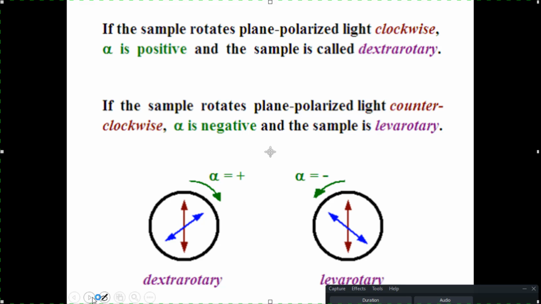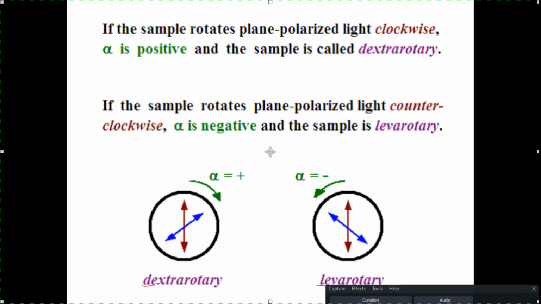You can watch them. So what happened was that when Pasteur did this, he found that one-handed form of the crystals rotated plane polarized light to the right, and one rotated to the left. Those are called dextrorotary and levorotary.